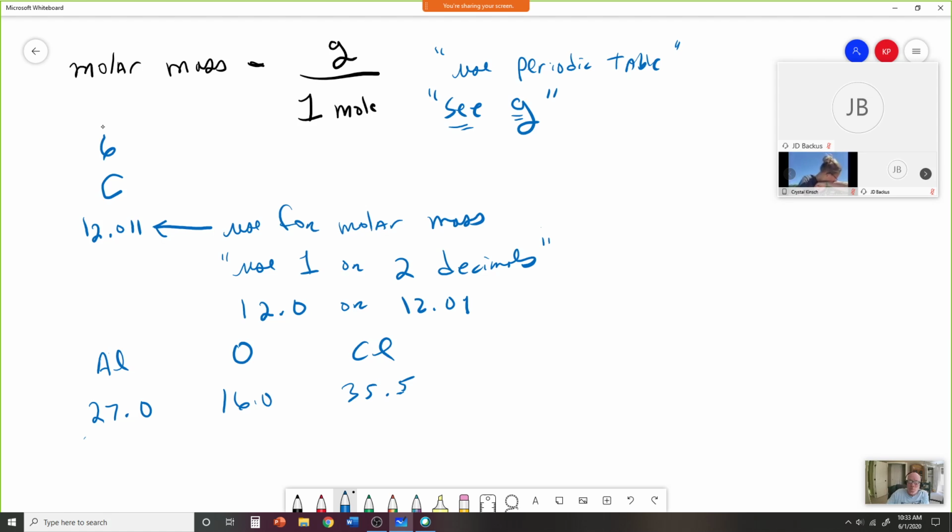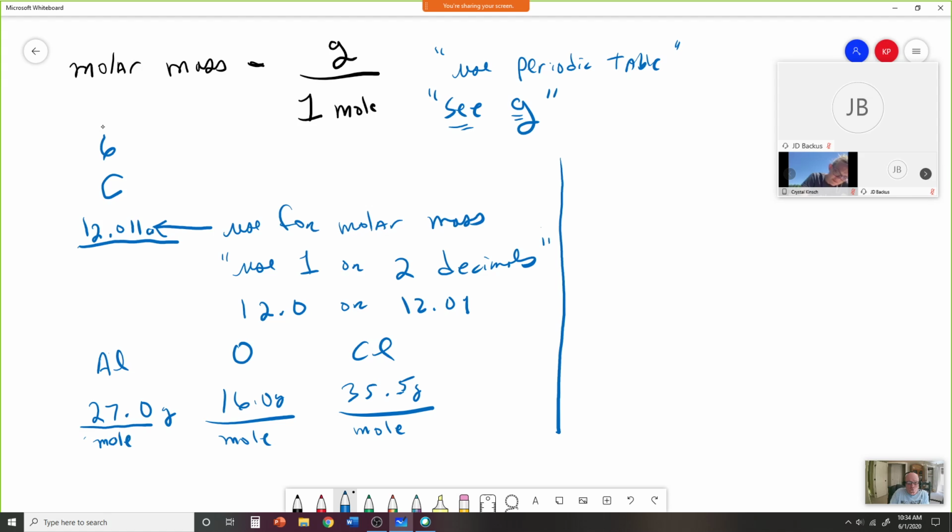Now, this number is going to be per mole, so that's grams per mole. This up here becomes 12.011 grams per mole. That's what happens.